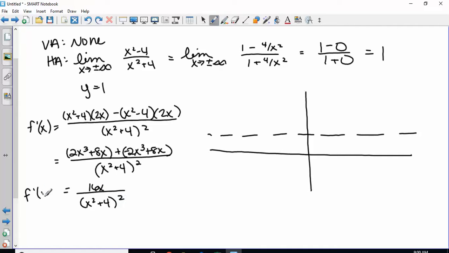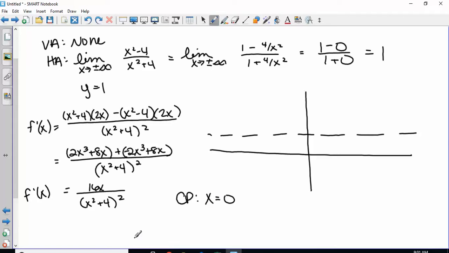So that's my first derivative. So critical points are anywhere this thing is 0 or undefined. We've already figured out it's not undefined anywhere because we didn't have any vertical asymptotes. When does that equal 0? If you set the fraction equal to 0, you get 16x equals 0. So x equals 0.